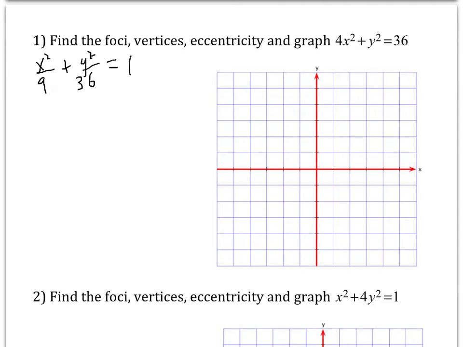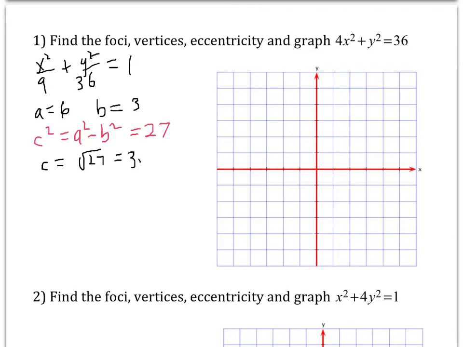And what you notice is that the bigger number is underneath the y squared, so you're going to have vertical foci, right? a would be 6, b would equal 3, and the way you find c is use c squared equals a squared minus b squared, which is 27, right? 36 minus 9 is 27.